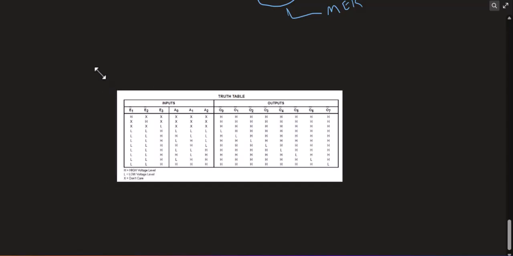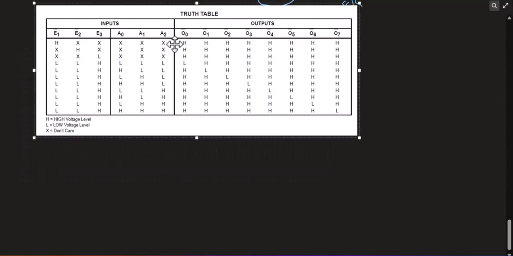Let me first pretend like we had a decoder that had 16 outputs. 4 inputs, 16 outputs.